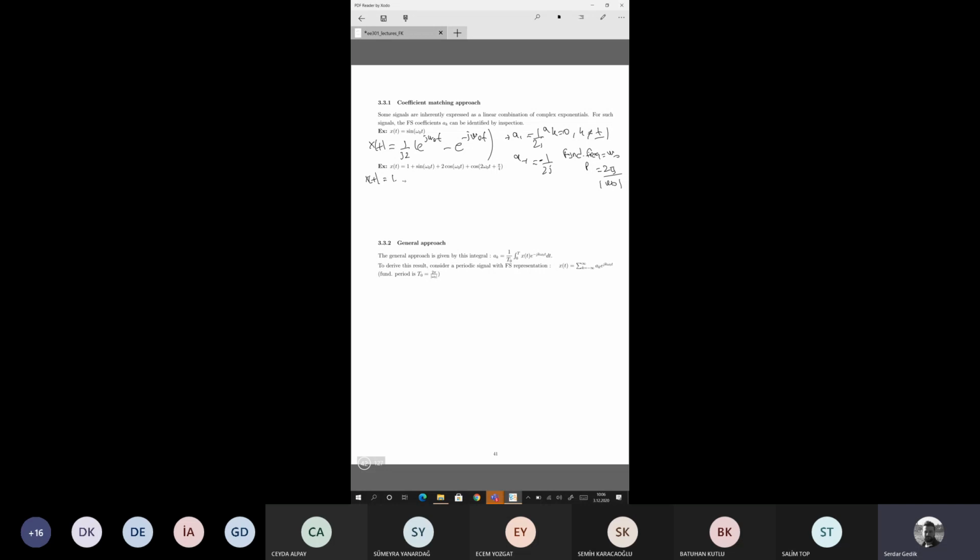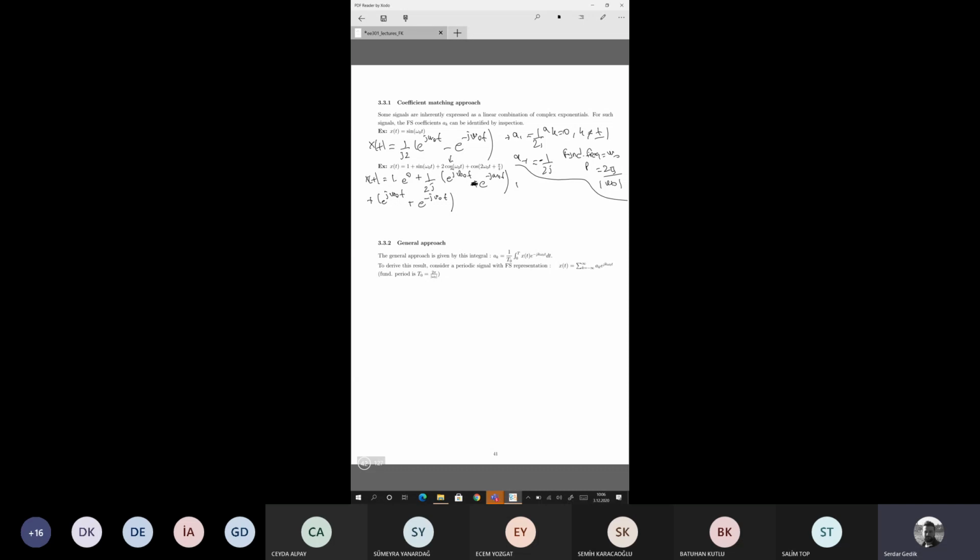It is 1 times e to the power 0 plus 1 over 2j times e to the power j omega 0 t minus e to the power minus j omega 0 t, plus e to the power j omega 0 t plus e to the power minus j omega 0 t.